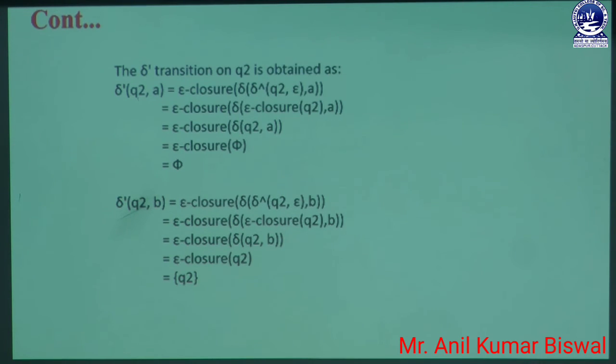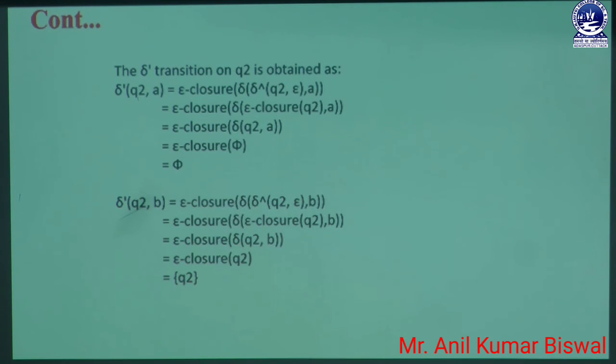Similarly, whenever the user puts the input symbol B to the same state Q2, it is mentioned here as delta dash. Delta dash is the way of removing epsilon transitions in our transition diagram. So the epsilon closure part must contain a parameter like the transition of Q2 on epsilon.